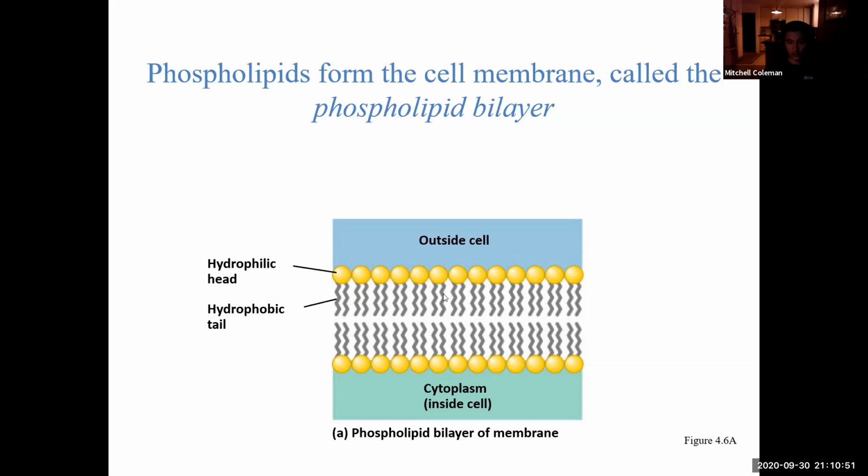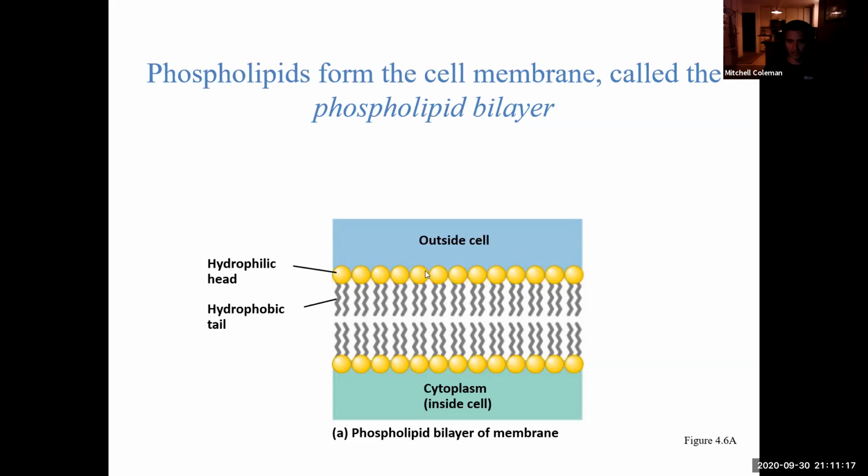So you have this phospholipid bilayer composed of two layers of phospholipids, the heads of which are hydrophilic, with an affinity toward water, and the tails of which, these fatty acid tails, are hydrophobic, afraid of water.